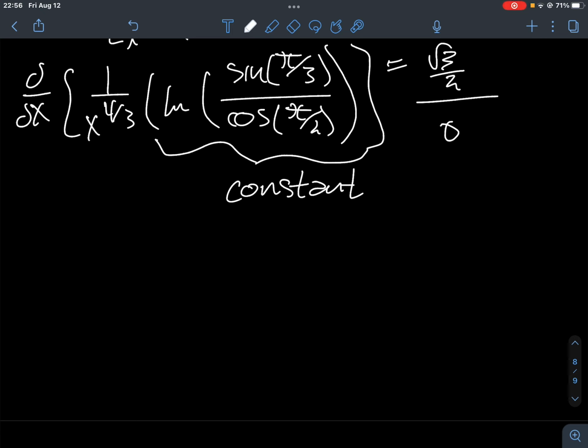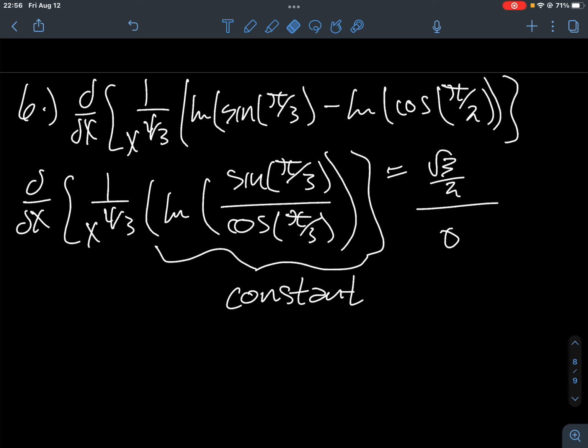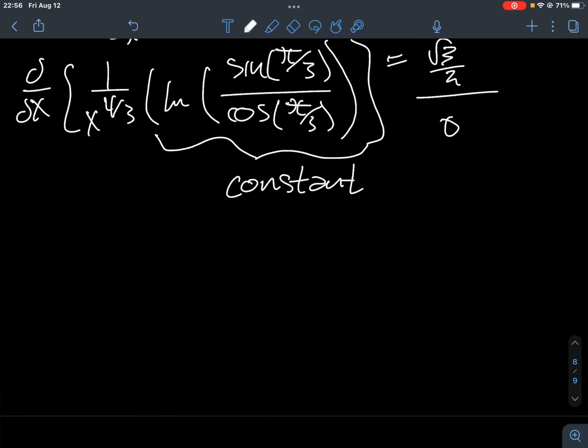which is not possible. Let me fix that. It should have been pi thirds. Sorry for that mistake. It should have been pi thirds. That's better. So the cosine of pi thirds is going to be 1/2.